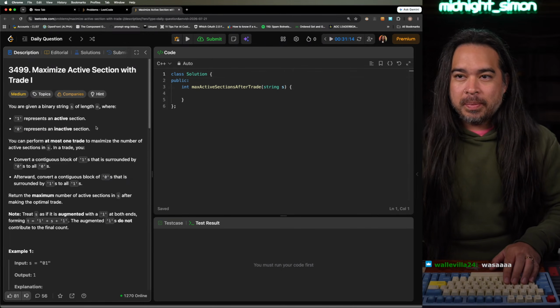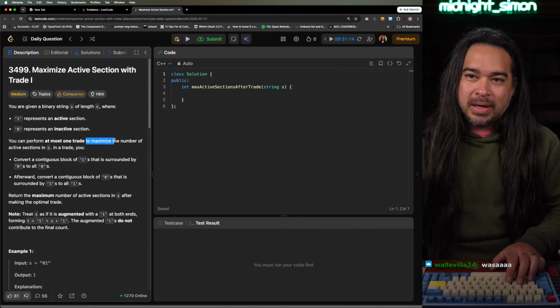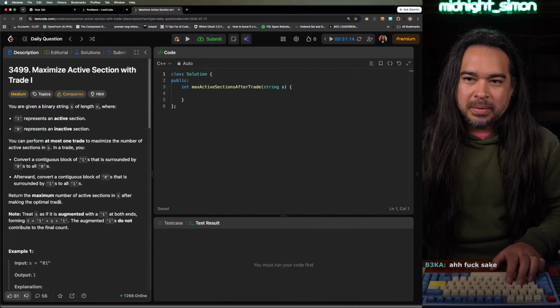You can perform at most one trade to maximize the number of active sections in S. In a trade, you convert a contiguous block of ones that is surrounded by zeros to all zeros. Afterward, convert a contiguous block of zeros that is surrounded by ones to all ones. Return the maximum number of active sections in S after making the optimal trade.